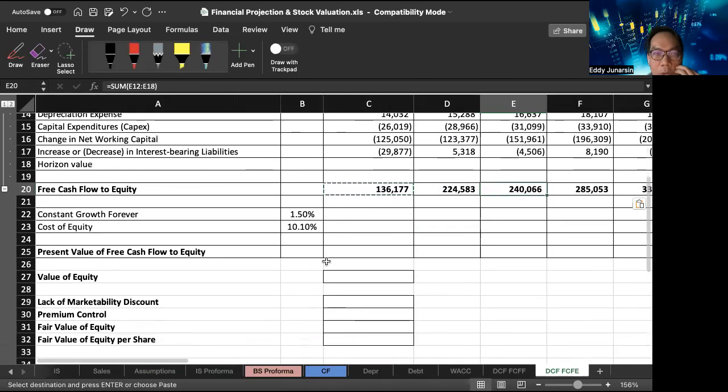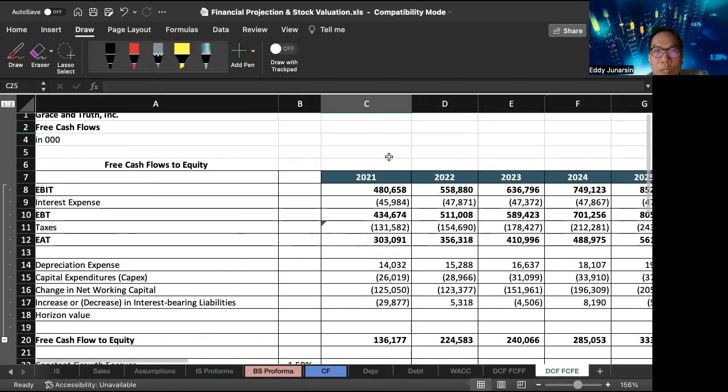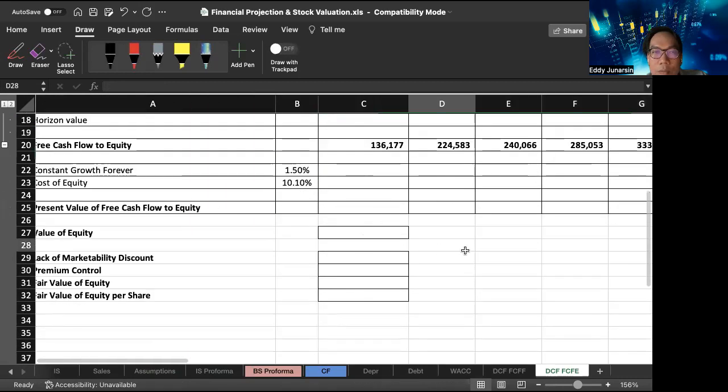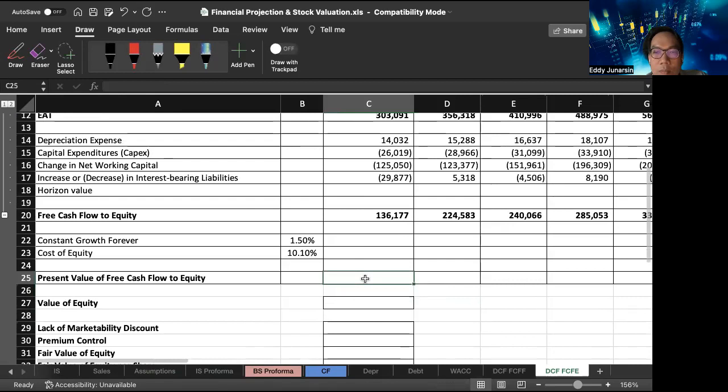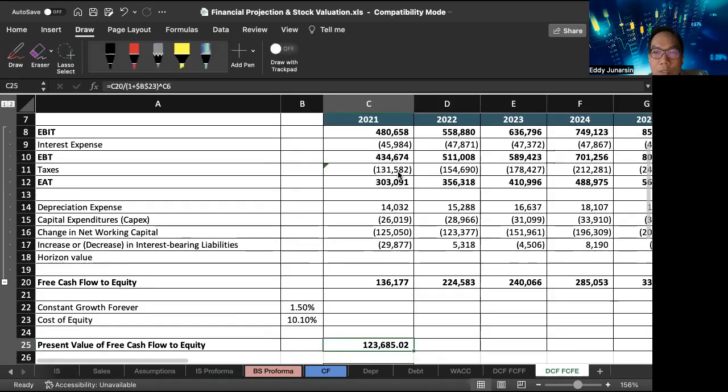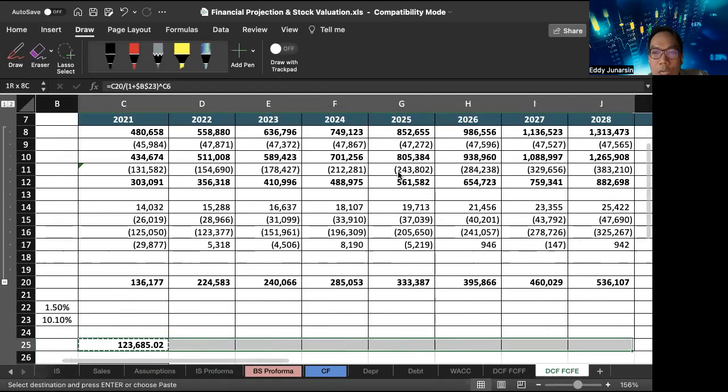And we get the free cash flow to equity holders for every year. And what's the present value? Then we need the discount factor, divided by 1 plus cost of equity, to the first power, to the second power, and so on.